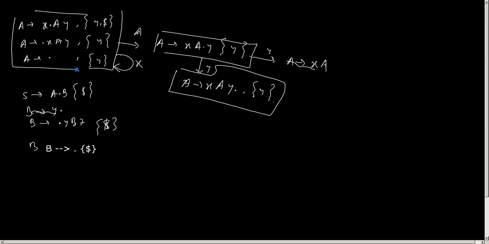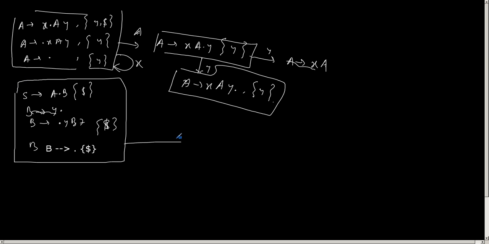These three represent the state S3. If I consume Y, what will be the new state? It will be B → Y.BZ, and the look ahead symbol is dollar.